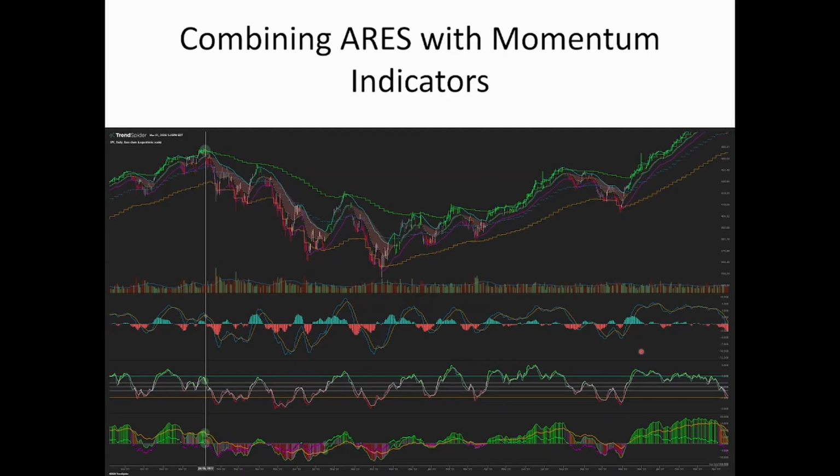The real power of ARES comes in conjunction with momentum indicators. We see that the price rides the upper envelopes for the current time frame and also the higher time frame, but we cannot really tell what the further evolution of the price would be.